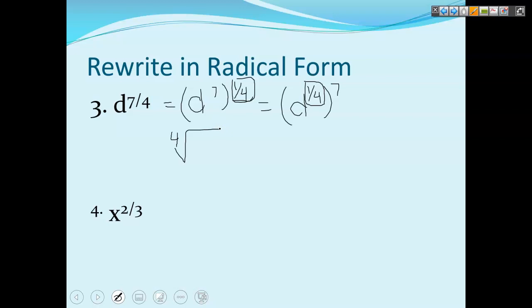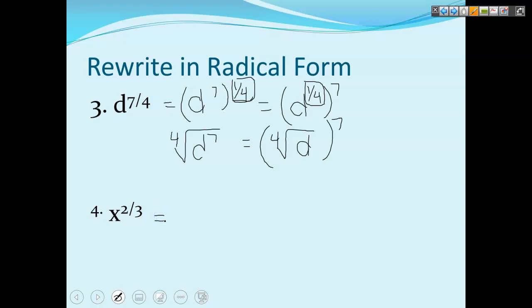We can write it where the 7 is inside, or the 4th root where the inside is the variable only, the power is outside. All 4 of those things I wrote are what we call equivalent statements. They all mean the exact same thing. Multiple ways of representing one thing.